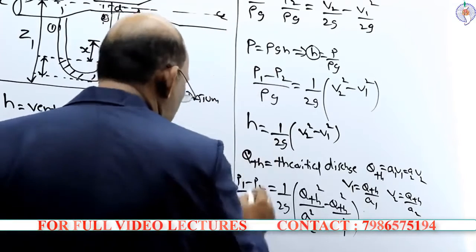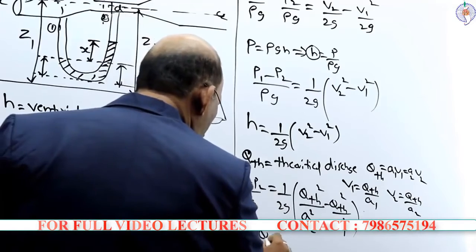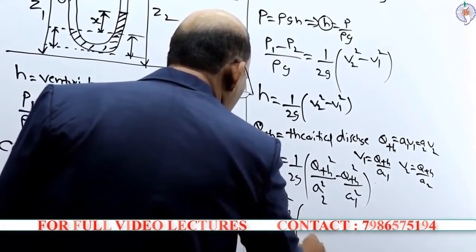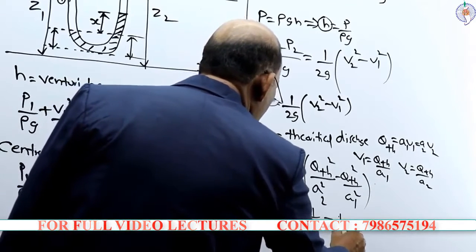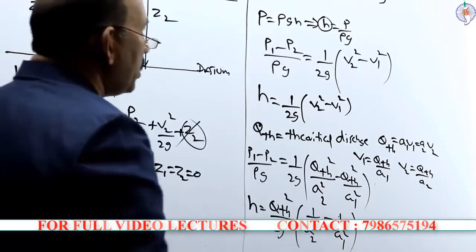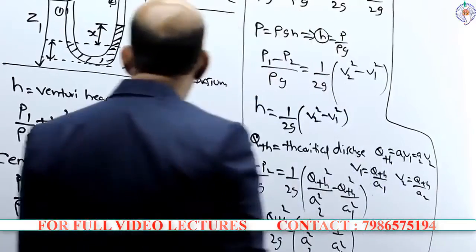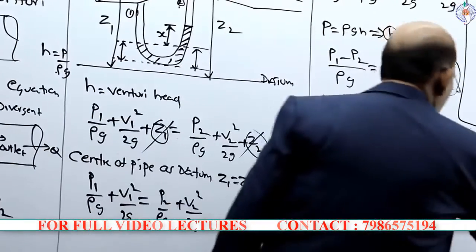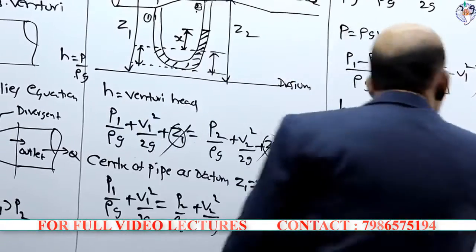So H is equal to Q theoretical square divided by 2g into 1 over A2 square minus 1 over A1 square. Now I can simplify this equation further.